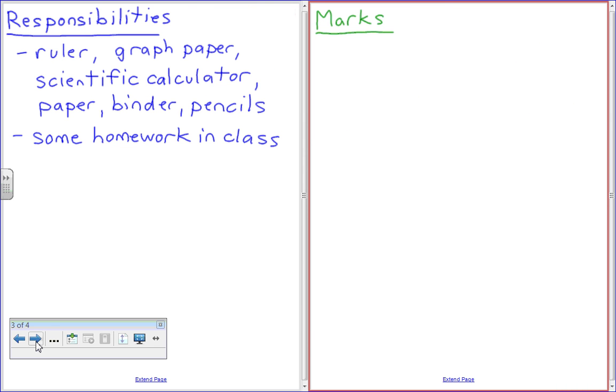Next, marks. As mentioned before, there is a daily assignment, which is basically based on the last day's material. What I normally do is put a warm-up on that the student should be doing as they get into class. Then they'll have an assignment, which is probably 3 or 4 questions based on that stuff.